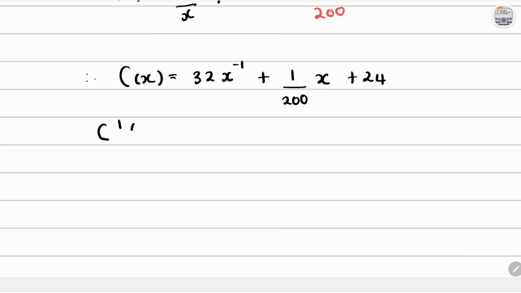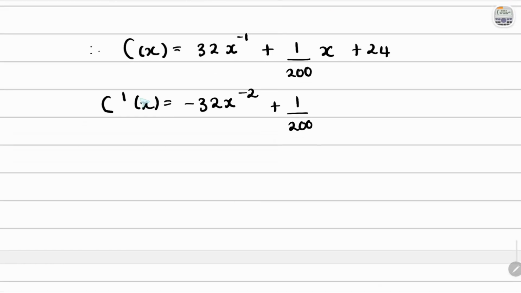So we're going to say c prime of x is equal to coefficient times exponent is -32x raised to the power of exponent -1 is -2. And then coefficient 1 over 200 times exponent of 1 on the x is +1 over 200 again. But then exponent -1 is just going to be 0. Anything to the power of 0 is 1. And so 1 over 200 stays the same. And of course, if you derive a constant, it's equal to 0.